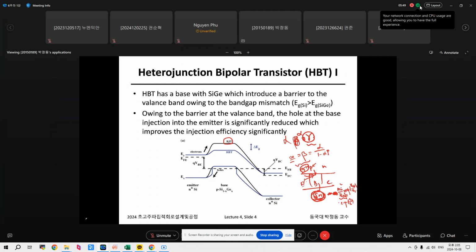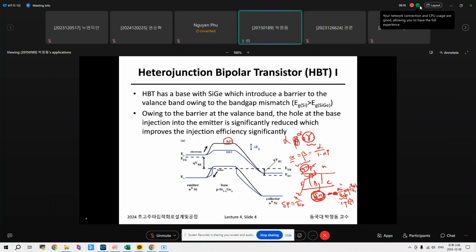Since this is a relative quantity, this also means that if you implant high on the emitter side, the minority carrier, which is the hole in the emitter side, is Ni squared divided by ND.